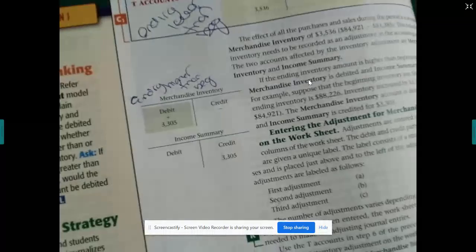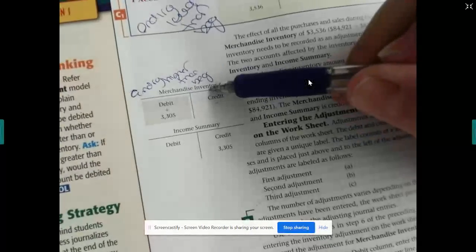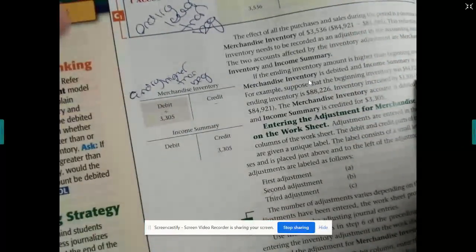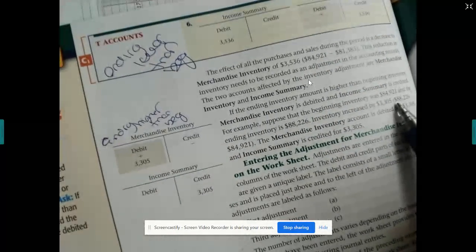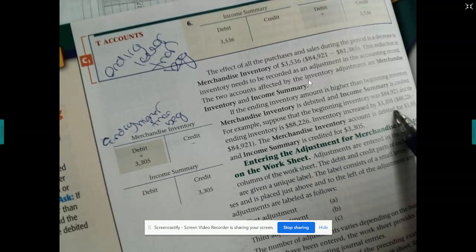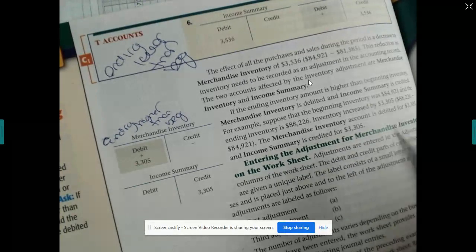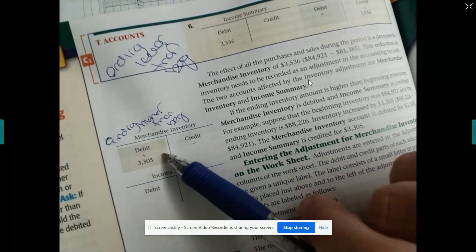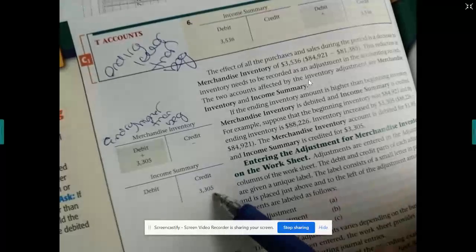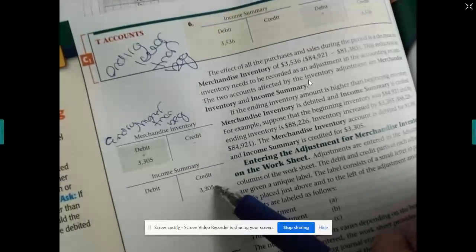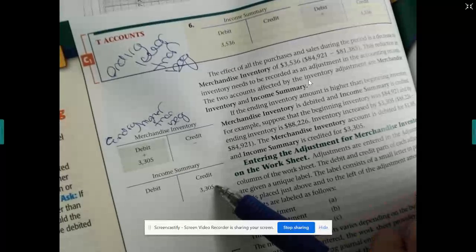Sometimes what happens is that our ending is higher than the beginning, here's the example. So it's not really gone. We have extras on the books, so the merchandise inventory has to go up. Remember, it's an asset. And then income summary has to be the credit because we close merchandise inventory out to income summary.